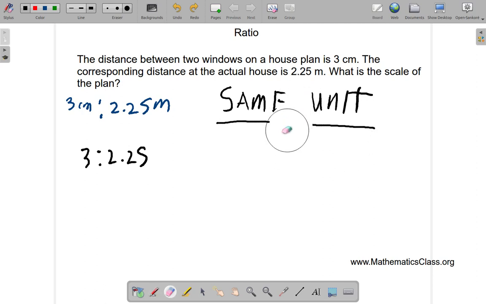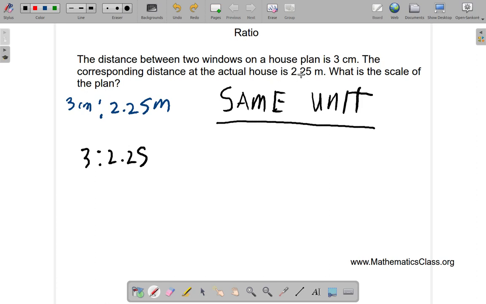Now, it would be more convenient to convert everything to centimeters, because if you convert the 3 centimeters to meters, you would have some 0 point this and that, and then the 2.25 already has a decimal point in it. Let's just deal with whole numbers.